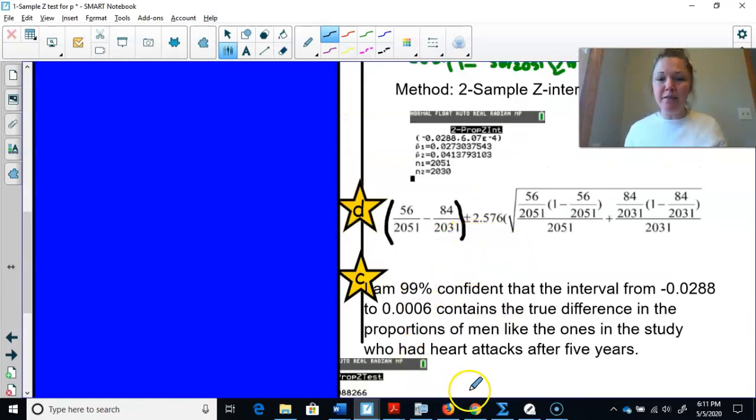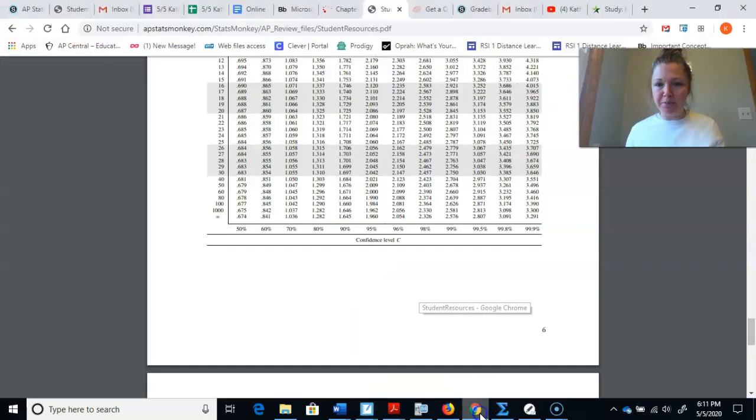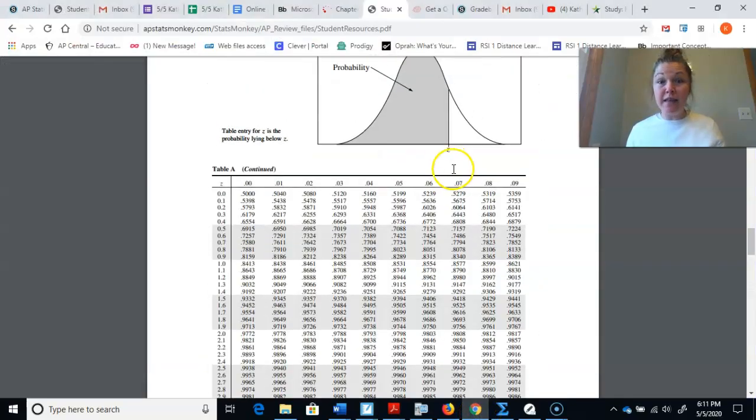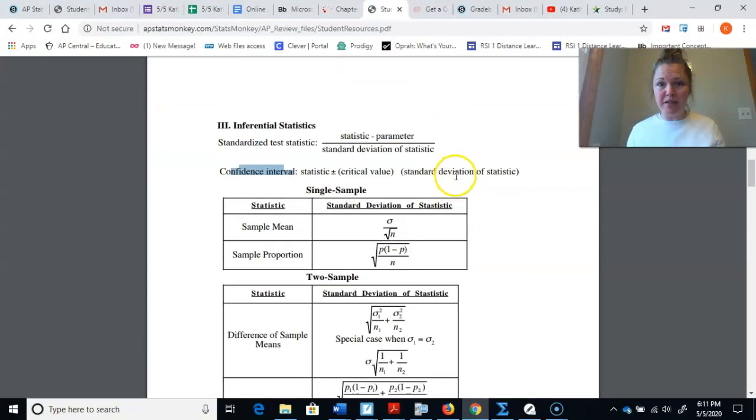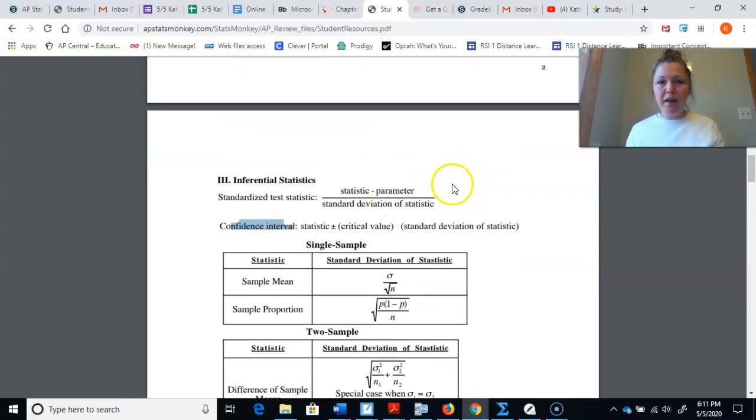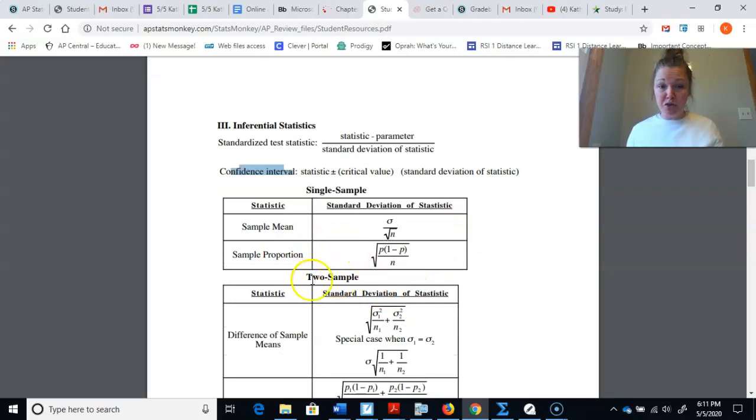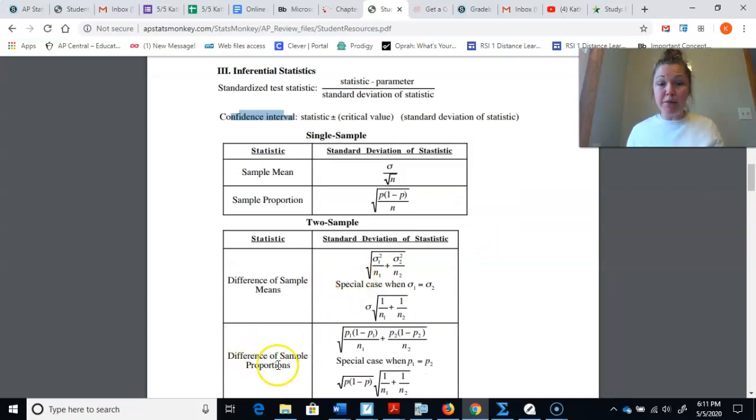Next, I need my standard deviation. Okay. And you can see that right here on the formula sheets. Times the standard deviation of the statistic. So I have 2 samples. I am dealing with a proportion, and the top one is for the interval and the bottom one is for a test. Okay.